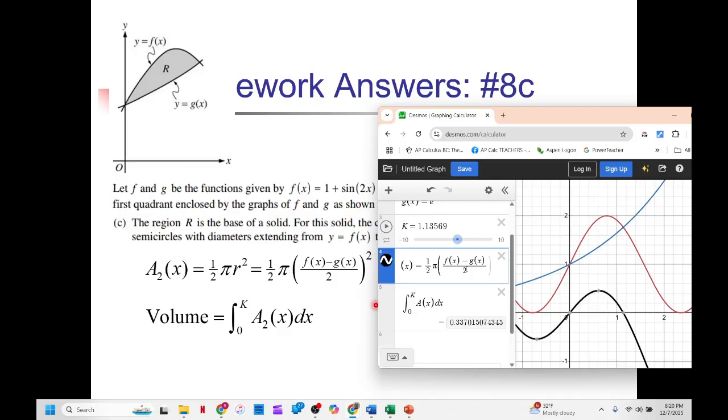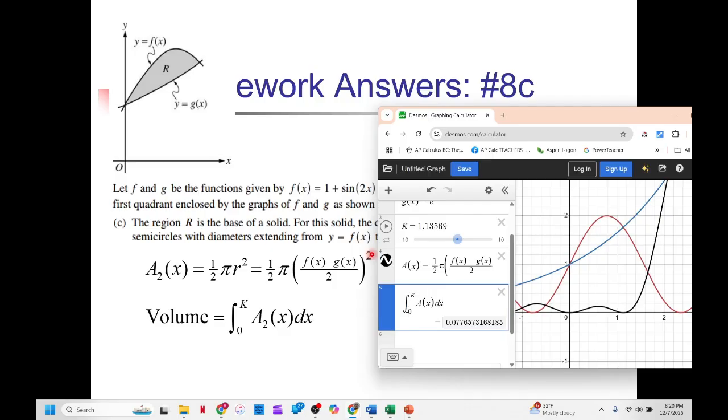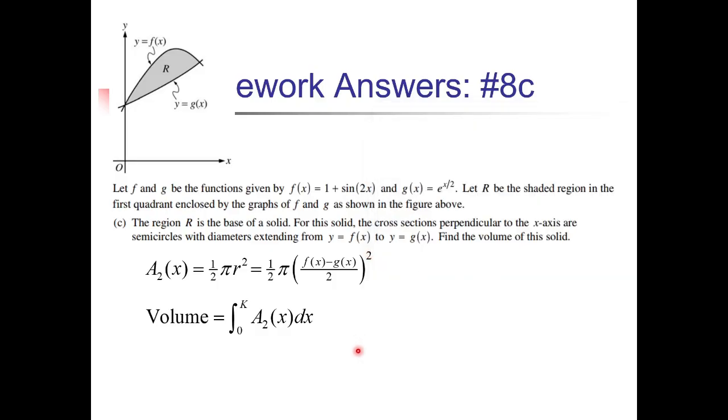Close the fraction. And that whole fraction, we see this needs to be squared. So we'll put a square up there. Square that. And now if I look down here at my integral from 0 to k of a of x dx, it's already in there. That seems kind of small, but it comes out to 0.078 when the dust settles.